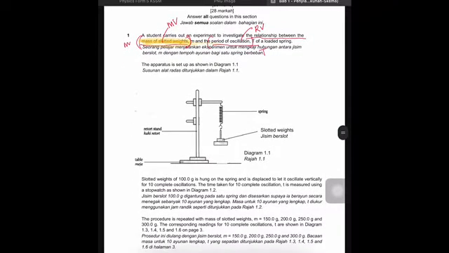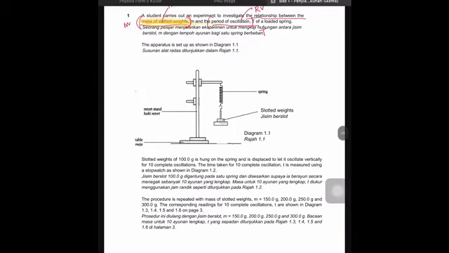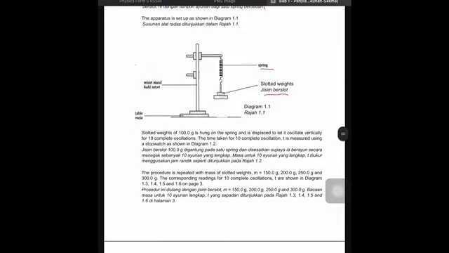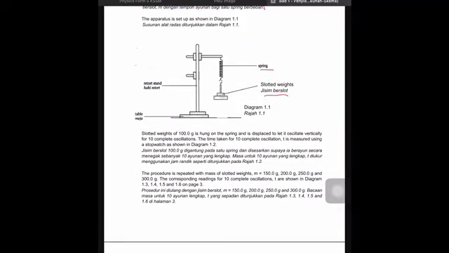Next, let's check the diagram. You have a slotted weight, you have a spring. Since they're asking about the period of oscillation, you will need a stopwatch. Next, what is the information?